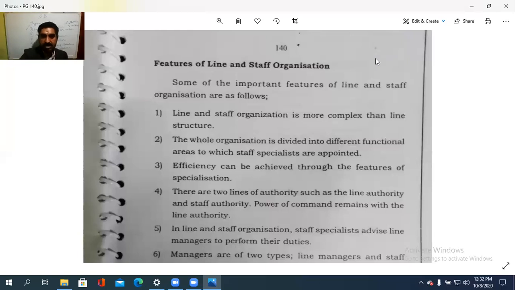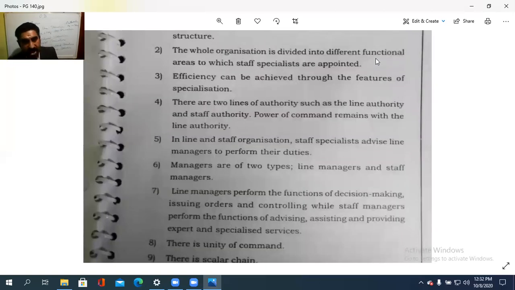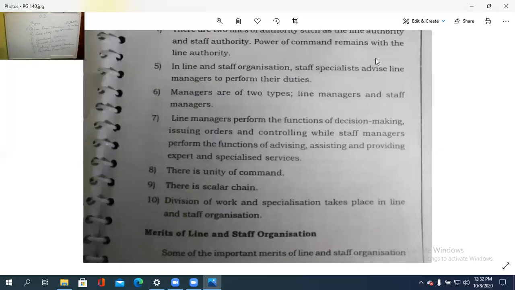Then managers are of two types, line managers and staff managers. Staff managers are mainly the specialists we are appointing. Whose advice is heard? Line managers take it and listen, but authority is vested with whom? The line manager, isn't it? Commanding power is with whom? The line manager. That is what to remember here.